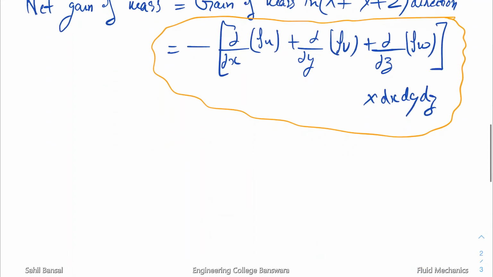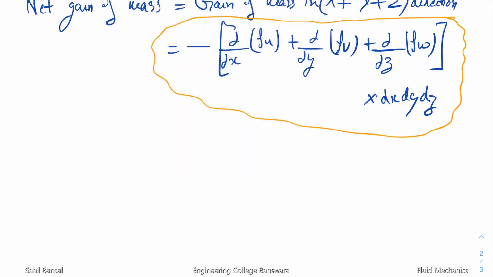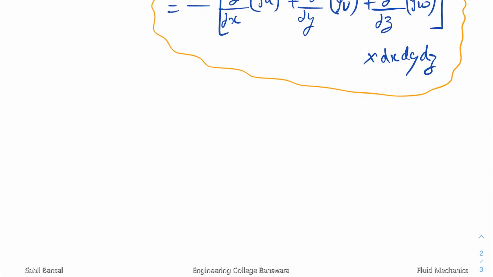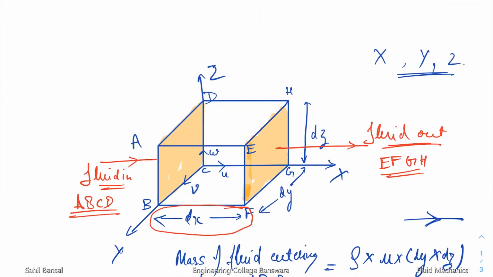So now if this is a net gain, mass can neither be created nor destroyed. So what will be the mass inside my fluid element? Very simple. Density multiplied by volume of element. What's the volume of this element? Length into breadth into height, that is dx into dy into dz.